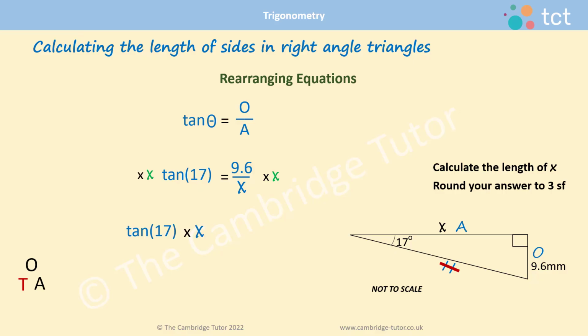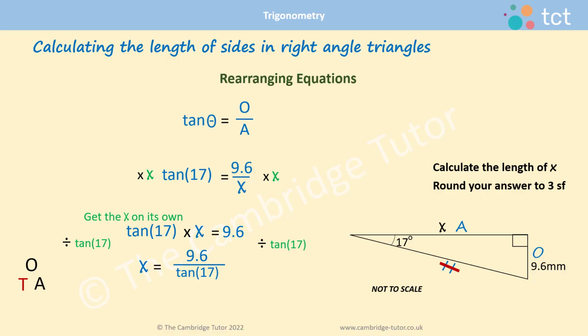Tan of 17 times by x will equal 9.6. Now to get the x on its own, we're going to need to cancel out the multiplication by dividing it. Divide the tan of 17, do the same on the other side. So you have x on its own, and on the other side you have 9.6 divided by the tan of 17.